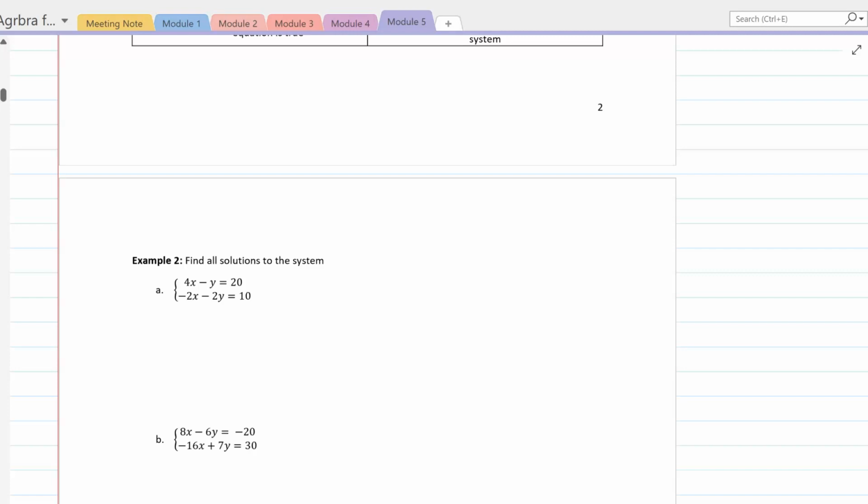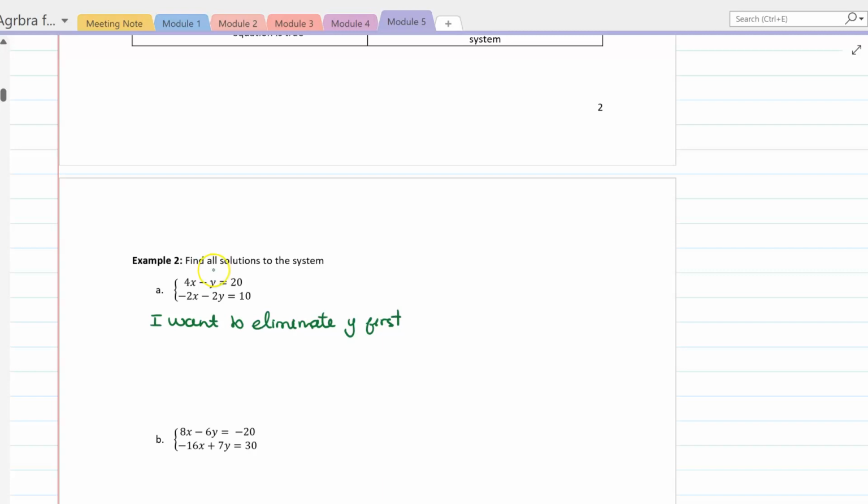It doesn't really matter if you want to eliminate x instead. You will get the same answer either way. It depends on what you think and what goes through your head when you solve this type of problem. So eliminating y first or x first does not affect the result. Here I want to eliminate y.